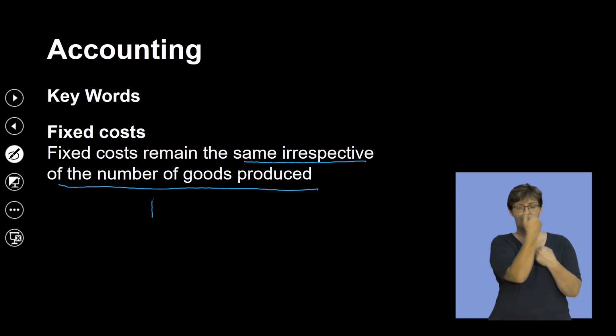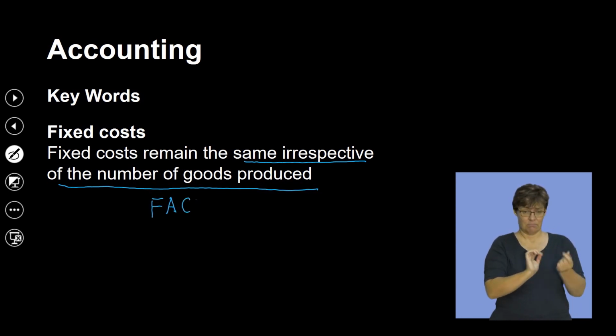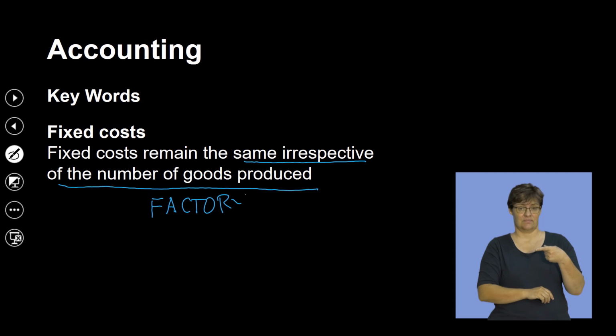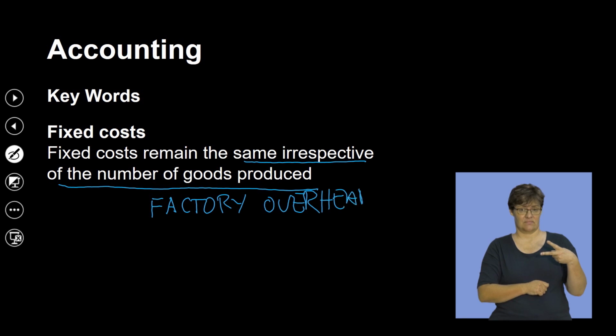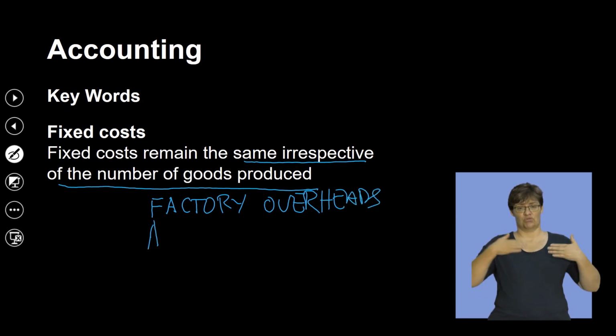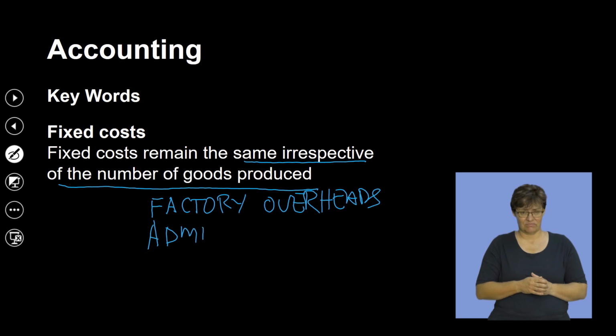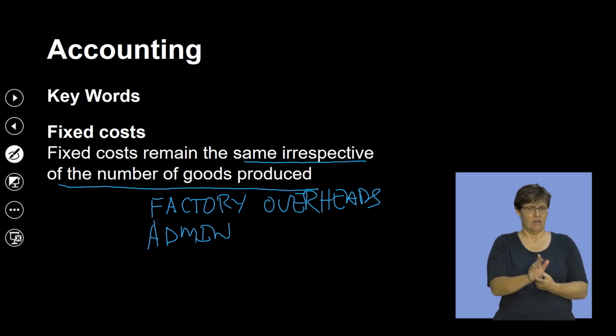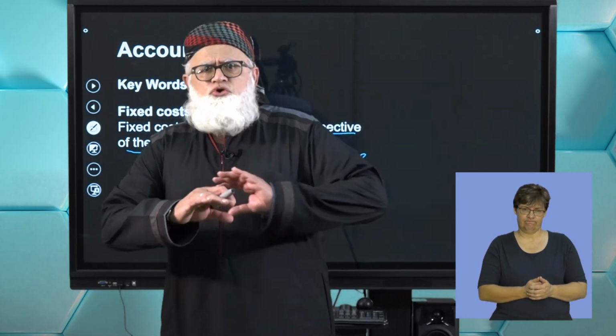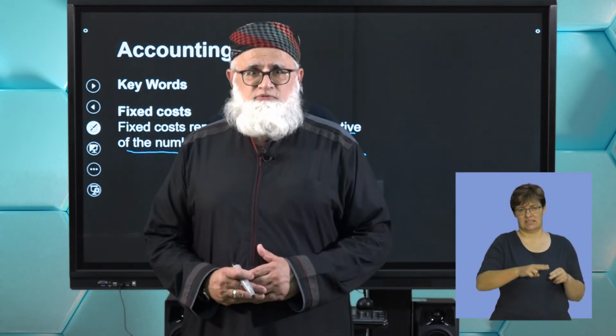What are they? One will be your factory overheads. And the second one will be your admin cost. Again, let me illustrate by means of an example. You have rented premises, right?